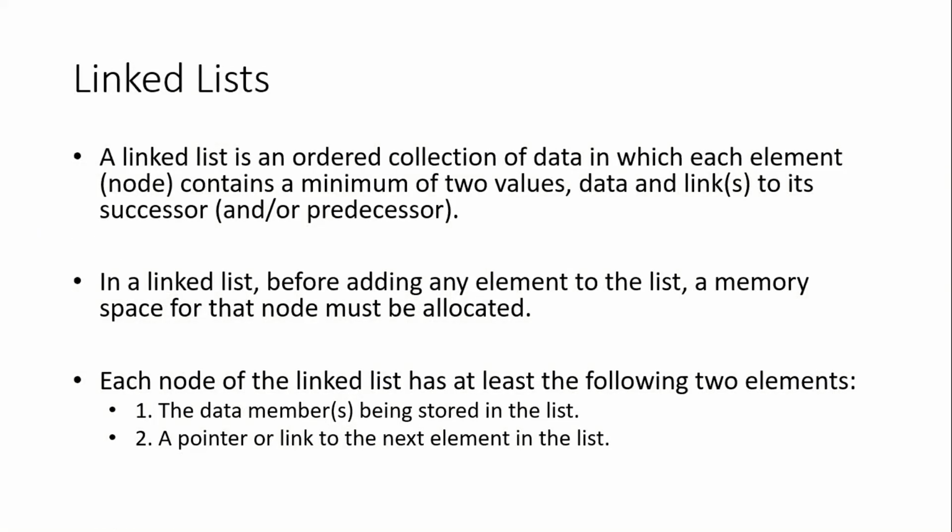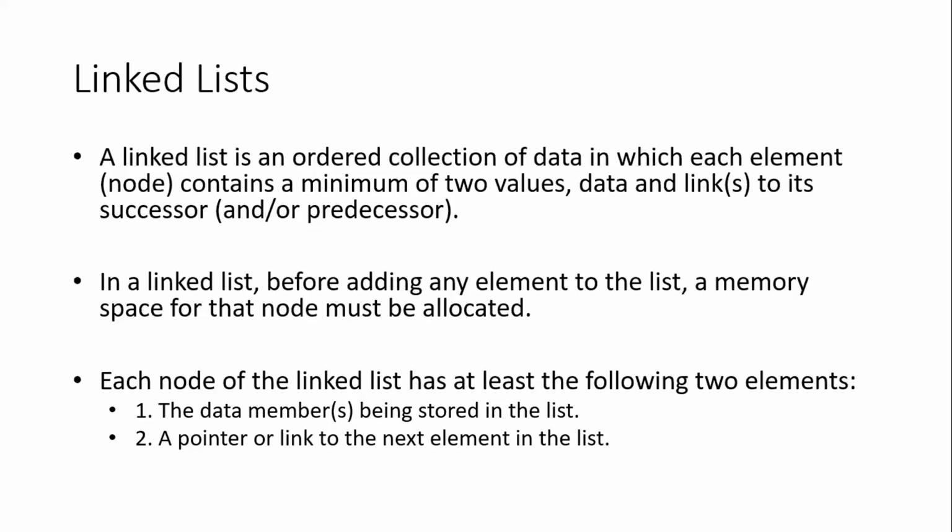So what are linked lists? The name itself suggests that it is going to contain some links, which is specified in its name, and list is nothing but a series of elements.